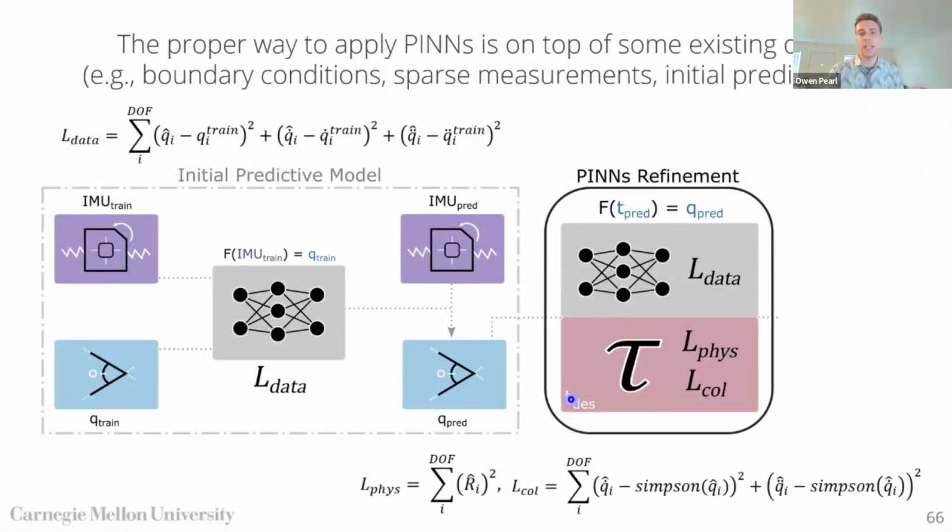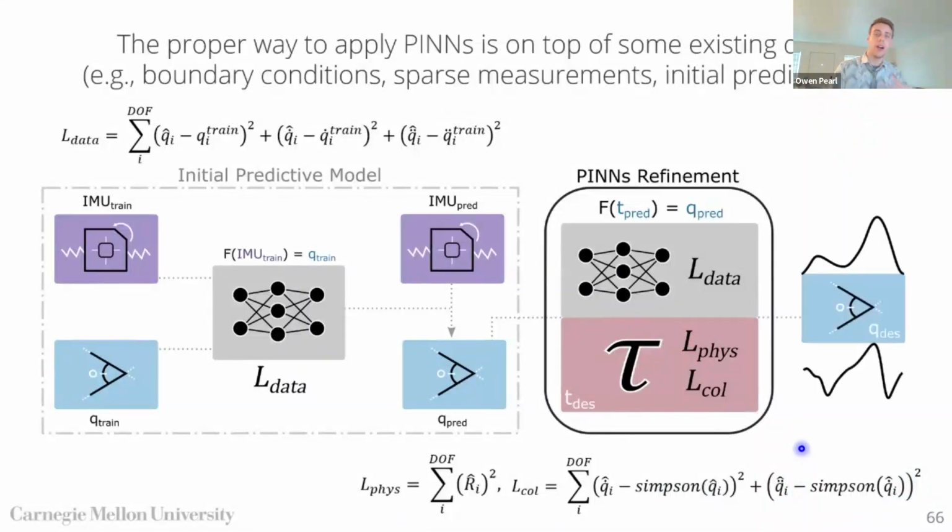At those desired time points, we make sure we're satisfying the laws of physics for our system, and also adhering to a collocation loss that enforces that the first derivative has to match the second derivative, and the second derivative has to match the third derivative. Our hope is that wherever we've picked these desired time points, we know that we are satisfying the physics laws of that system.